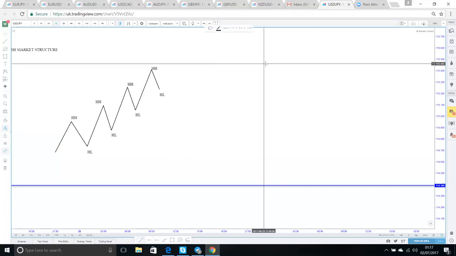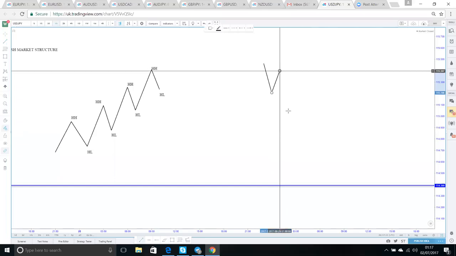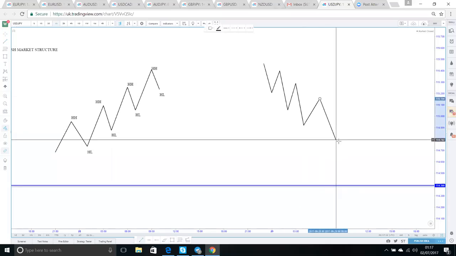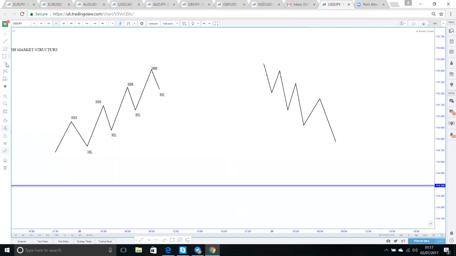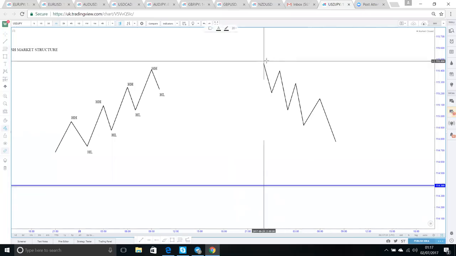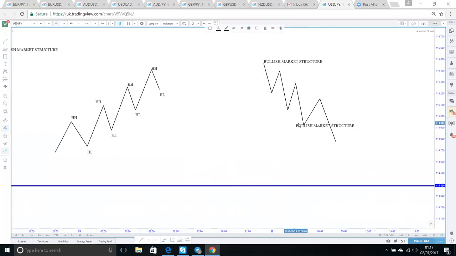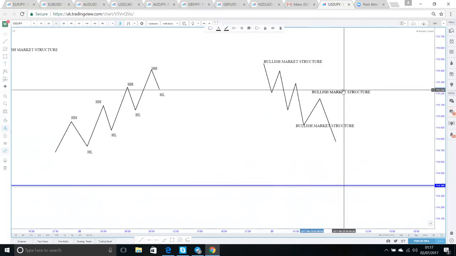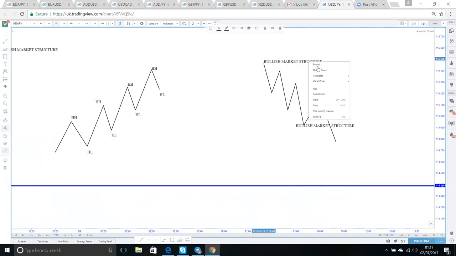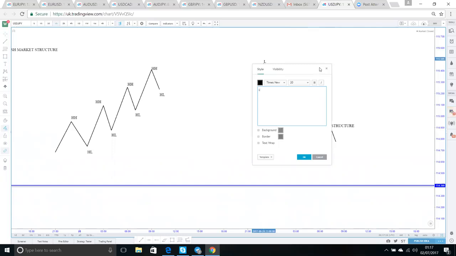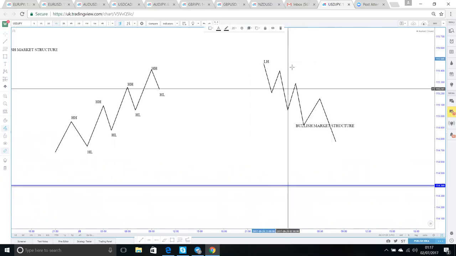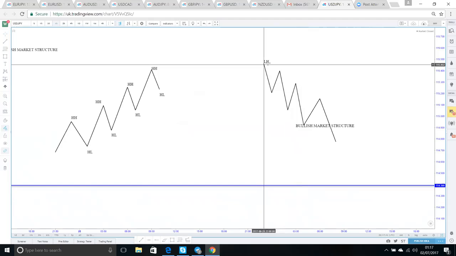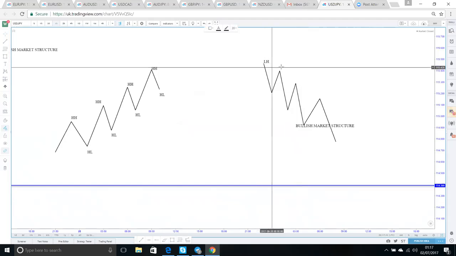And in a bearish market structure, John, tell me what is the example? How would you define this? It makes a lower high, guys, and a lower low. Every low will be lower than the previous one.